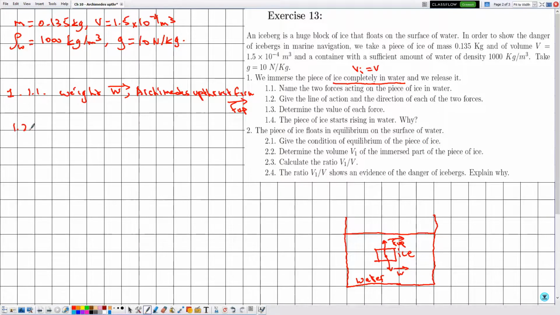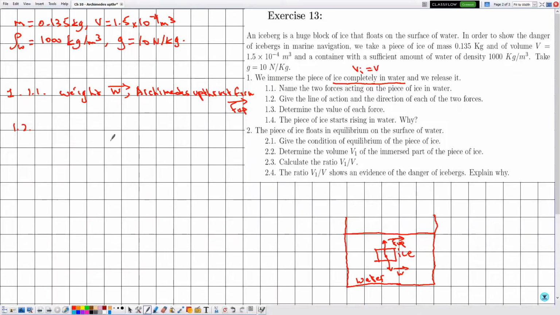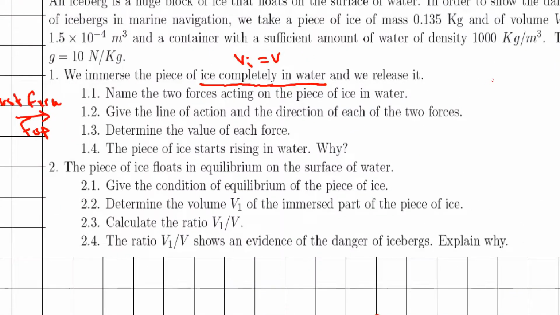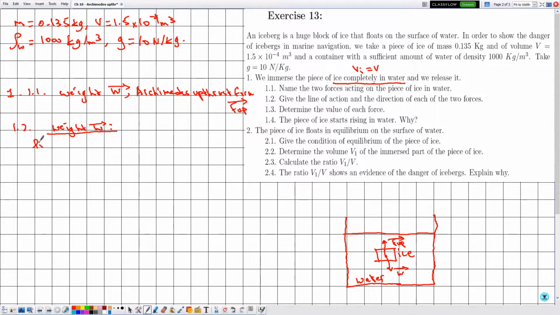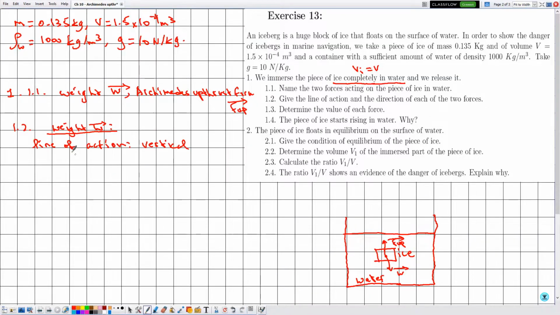Now 1.2, give the line of action and the direction of each of the two forces. So let's start with the weight W. They are not asking me about all the properties, just the line of action and the direction, and we need to list them in this order. So the line of action is vertical, and the direction is downward.